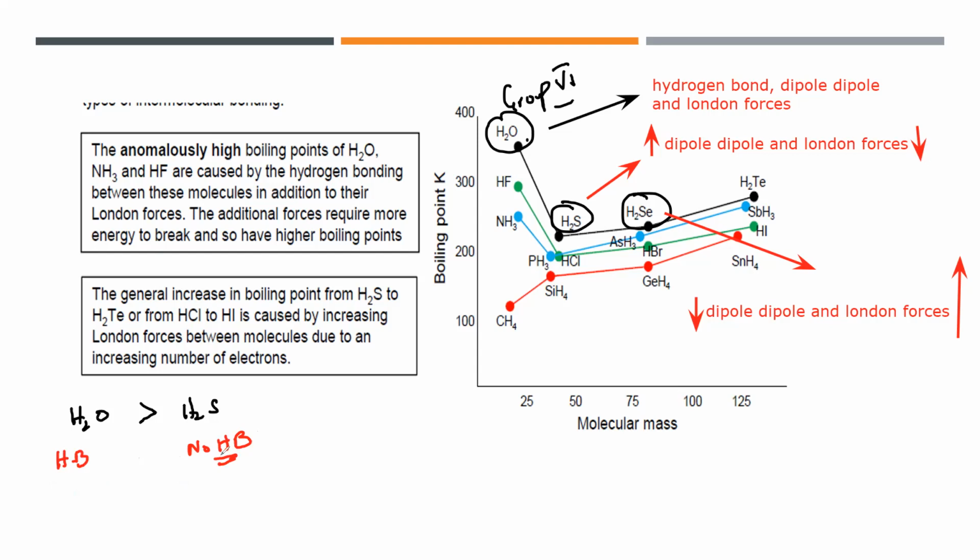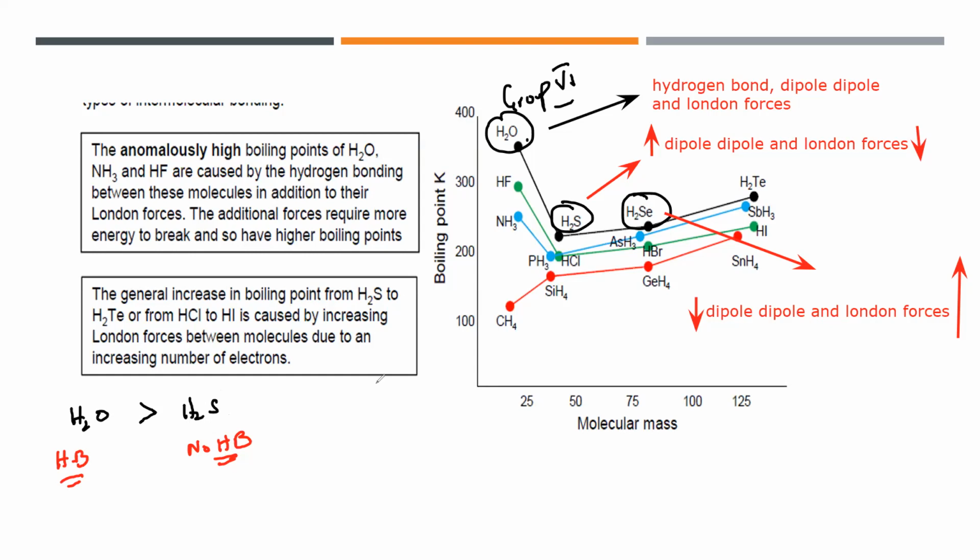So hydrogen bond is the strongest in terms of intermolecular, but it is not stronger compared to covalent. Covalent is intramolecular, within the molecule, whereas hydrogen bonding is intermolecular. So when we compare water with hydrogen sulfide, water is having a hydrogen bond, and that is stronger compared to no hydrogen bond in hydrogen sulfide.